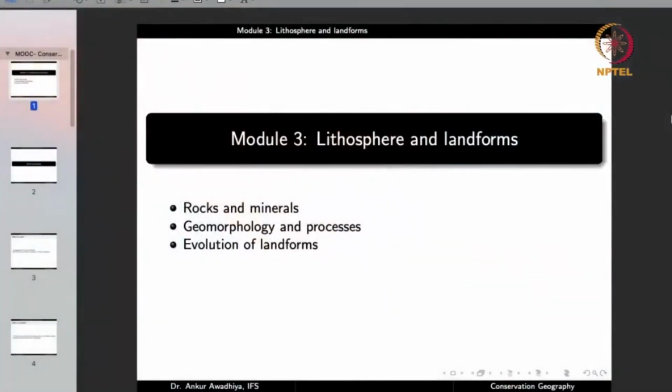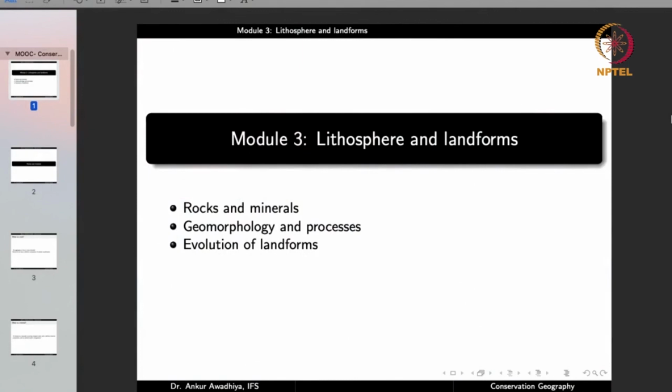So the lithosphere is found in different forms. And in this module, we'll also have a look at these different landforms. Similarly, the rocks give rise to soil, and we also have different kinds of soils.